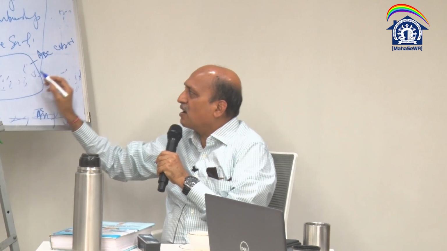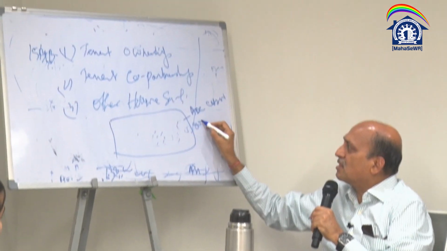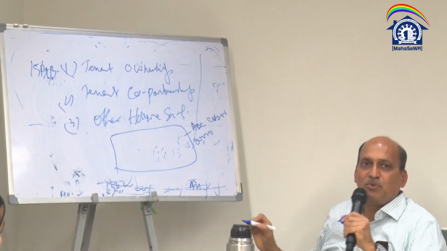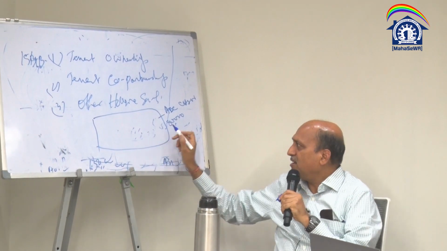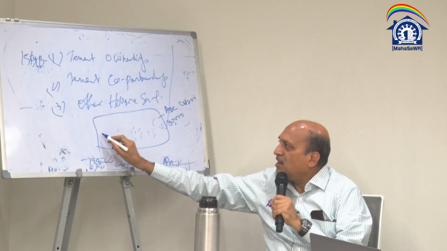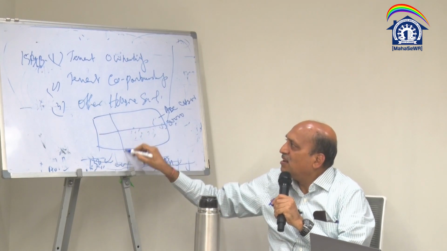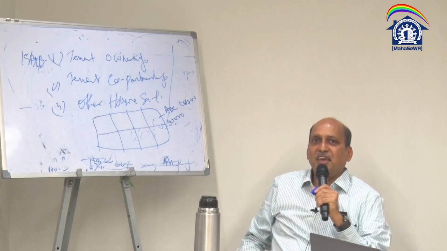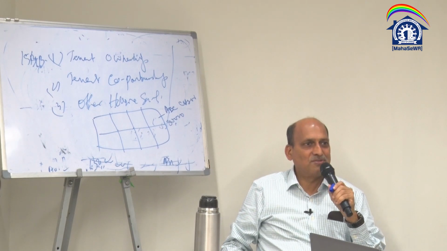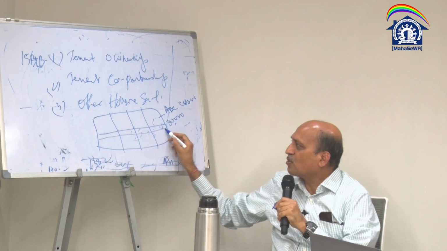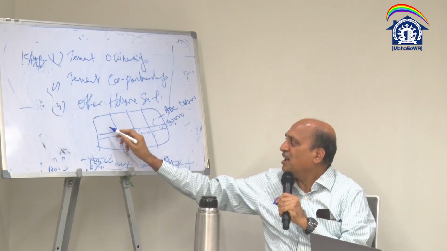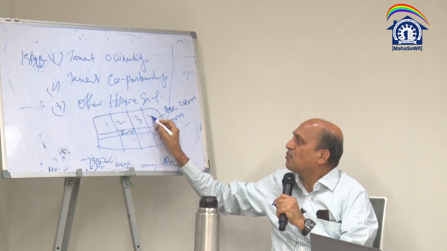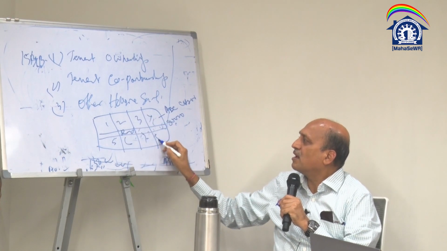Let us say this is the land of 2 acres, that is 80,000 square feet. ठीक है ना? So this is the land. Now in this land, let us say they make 8 bungalows. There is a road, common road. This is a road. ठीक है ना? And there are 8 bungalows. 1, 2, 3, 4, 5, 6, 7, 8.